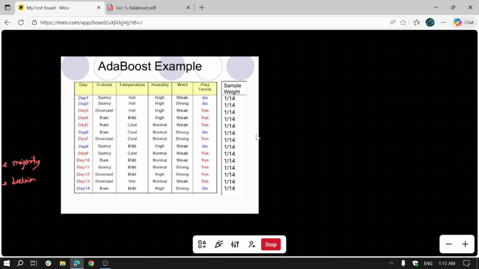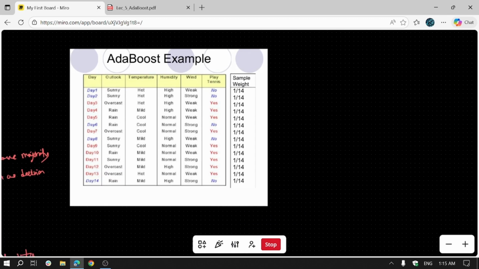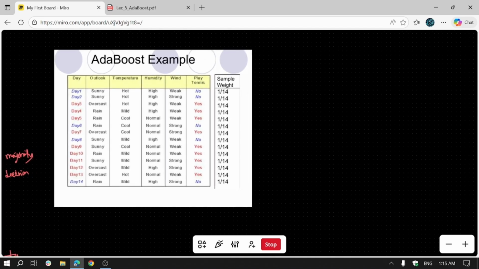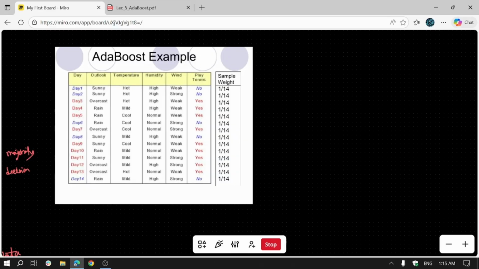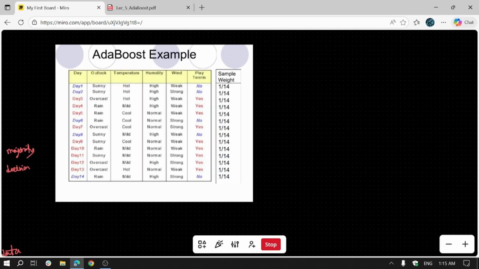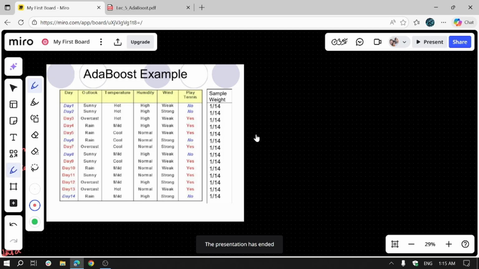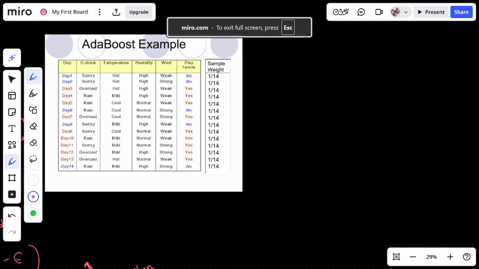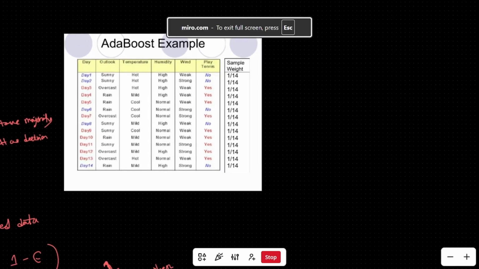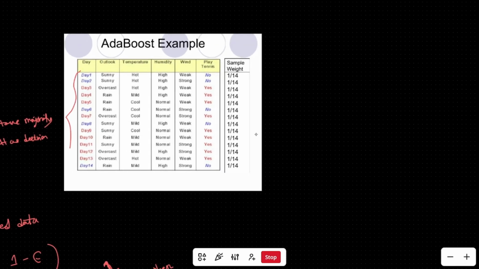For better understanding, let's have a look at an example. Here you can see there are 14 examples. So the sample weight is 1 divided by 14.